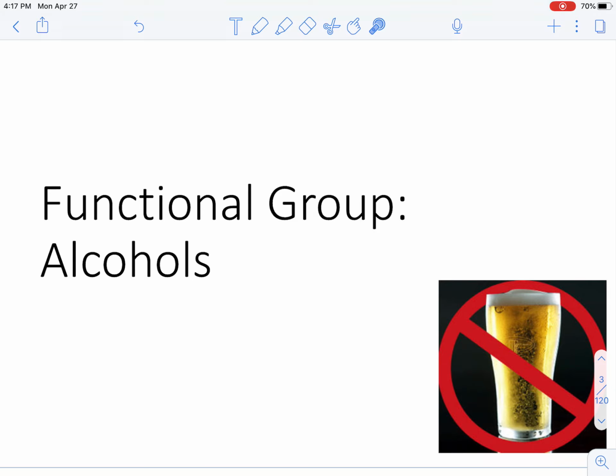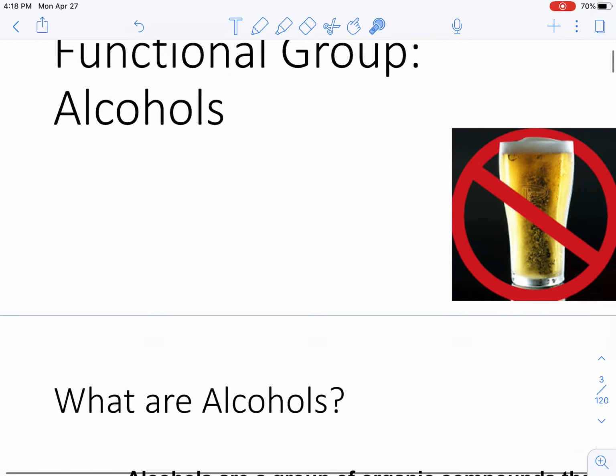The word alcohol can also be used in a sentence that involves hand sanitizers, and the list continues. All of these consumer products, such as beer, hand sanitizers, and disinfectants, have a functional group in common, which is an OH.